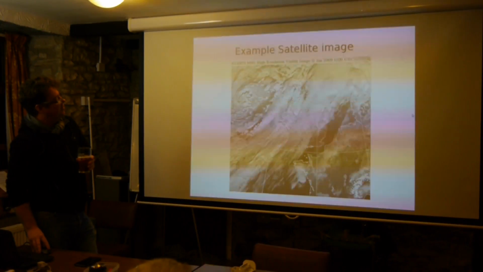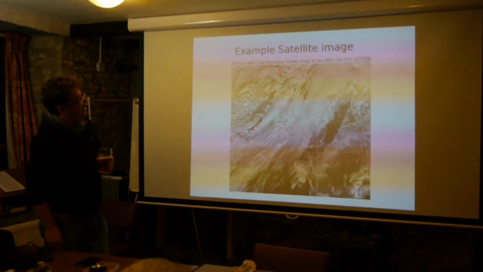Here's a satellite image. So this shows a bit of an example of the kind of thing that I said you might want to use satellite images for. If you were trying to work out whether it was going to be any good to fly cross country on this day in the Peaks because of the incoming warm front here, probably, then based on this latest satellite picture, you'd probably say, no, I think it's had it.